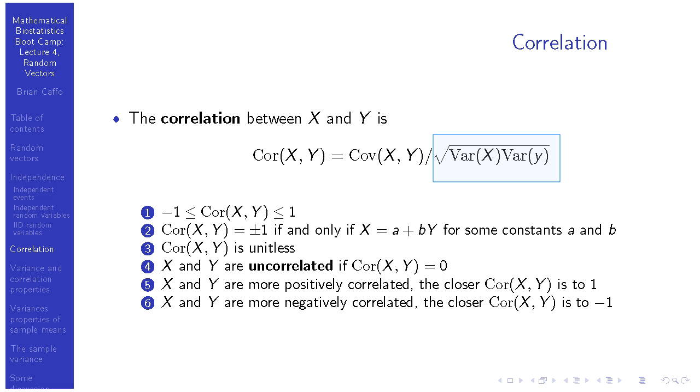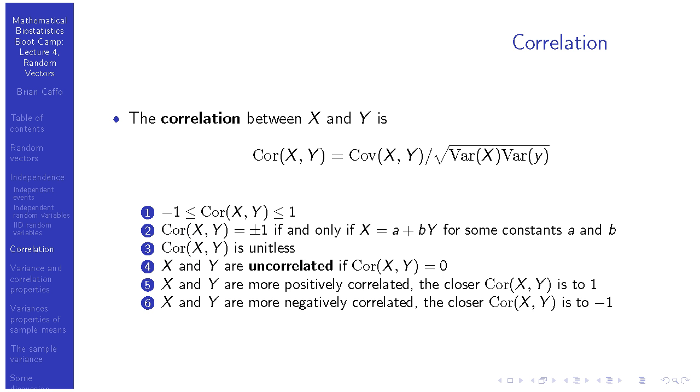So the bottom part has units x times units y. So the correlation is a unit-free measurement. That's a useful property to have. So if x is in inches and y is in pounds, then the covariance is in inches times pounds, but then the correlation is then unit-free, which is useful.